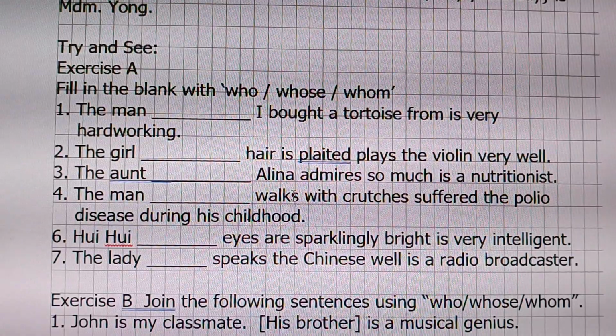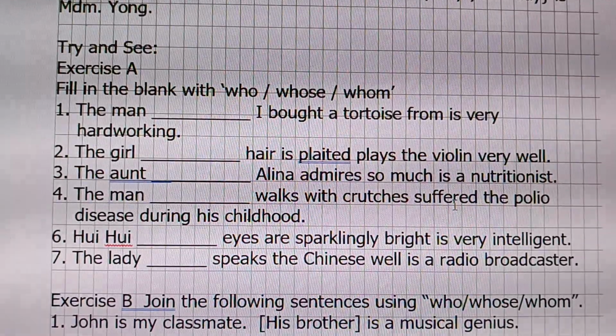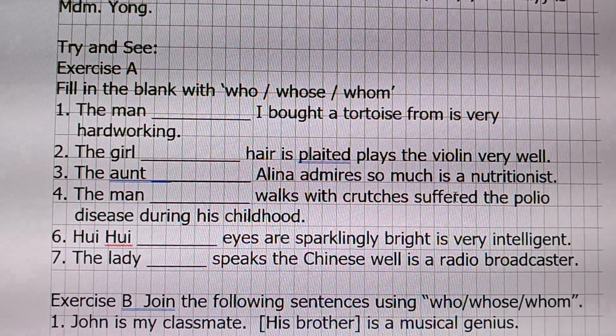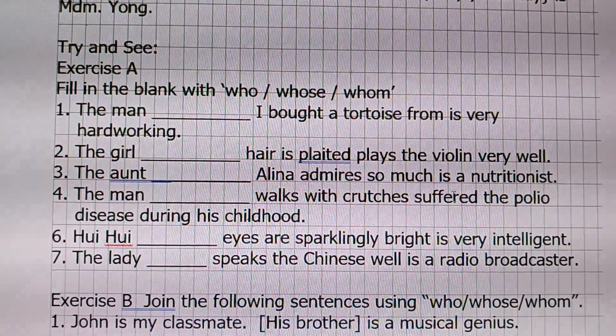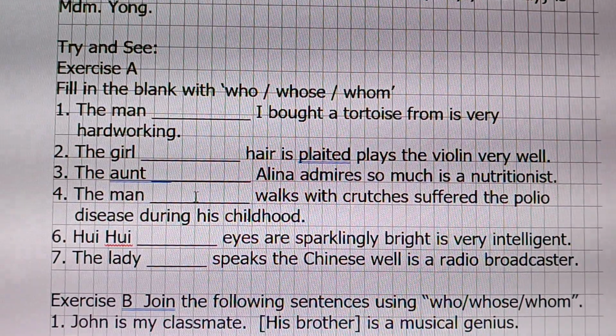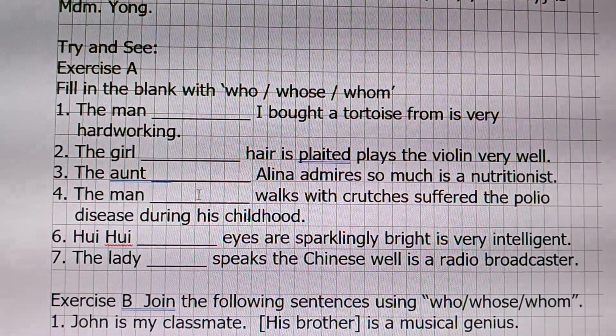The man walking with crutches suffer, right? You have the main verb in it. Suffer the polio, copy the rest. As long as you have the main verb, you have the main clause. If you use who, there are 2 clauses. One is main clause, one is subordinate clause. Who walks with crutches, that is a subordinate clause.